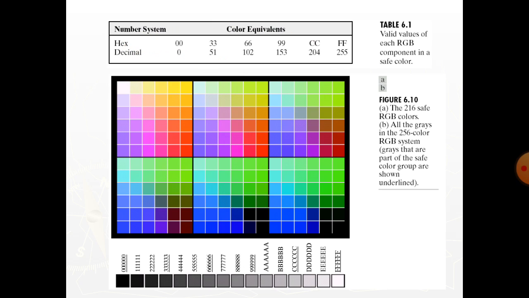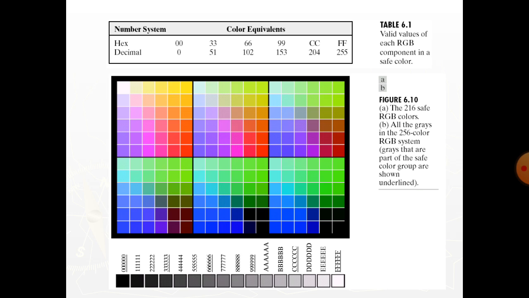Recall also that 0 in base 16 is equal to 0000 in binary, and F in base 16 is equal to 1111 in binary. For example, FF in base 16 is equal to 255 in base 10. Since it takes three numbers to form an RGB color, each safe color is formed from three two-digit hex numbers, as in the table.